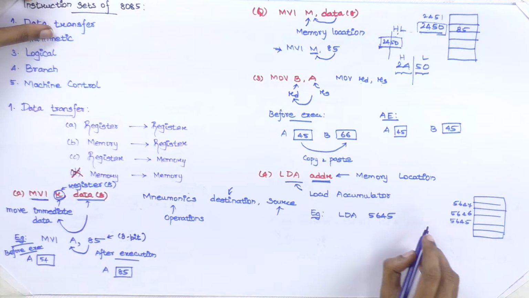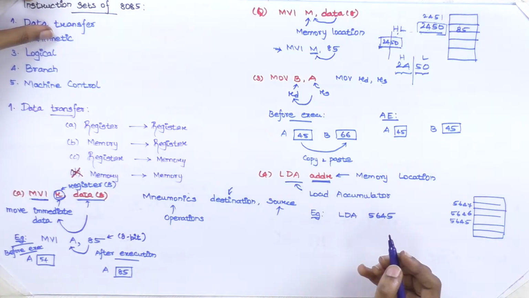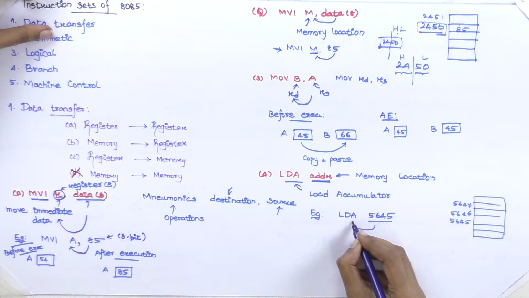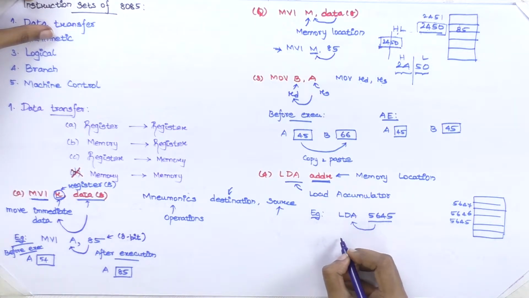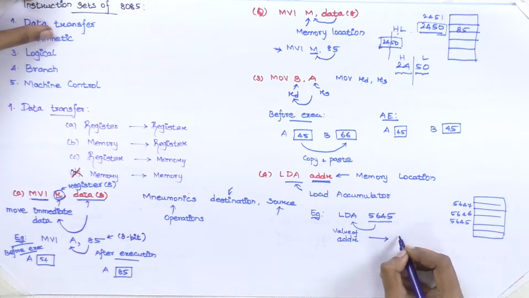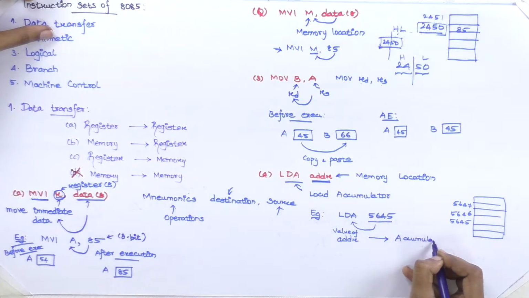Load accumulator means the value in this memory location will get stored in the accumulator. The value of that address will get transferred to the accumulator.